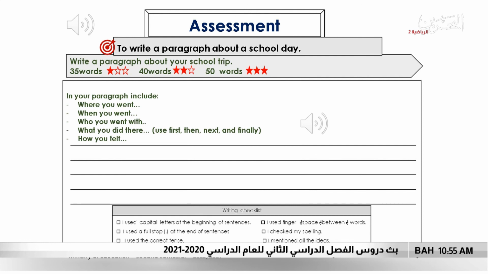Just on time. Now read with me my paragraph and check if I have included all the above mentioned points.